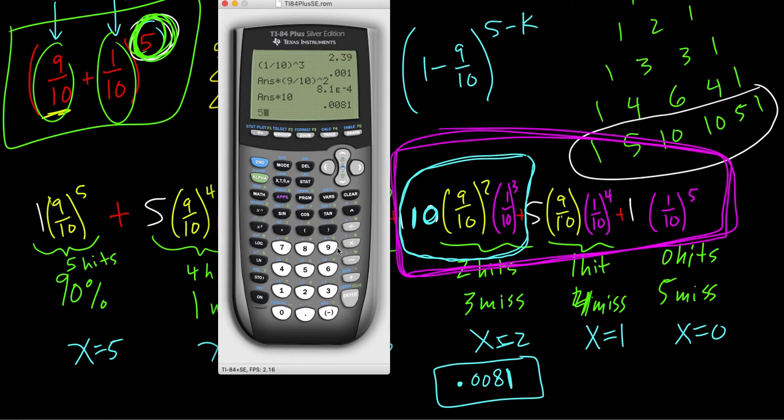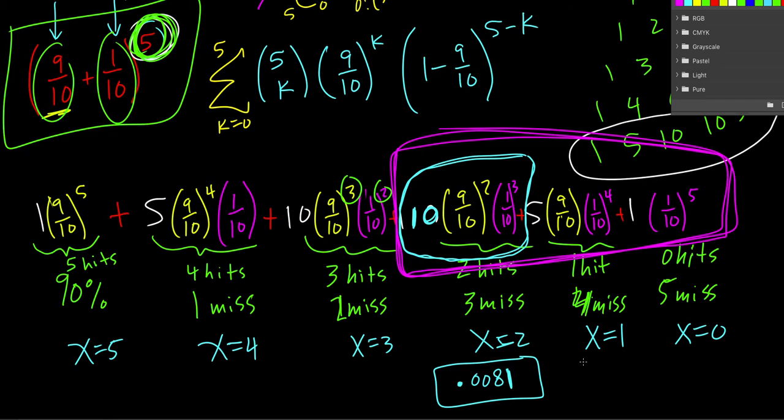Okay, so I get 5 times 9 divided by 10. It's raised to the 1, so I don't need to do that. And then 1 divided by 10, and that's raised to the 4. Okay, so that's 4.5 times 10 to the negative 4.